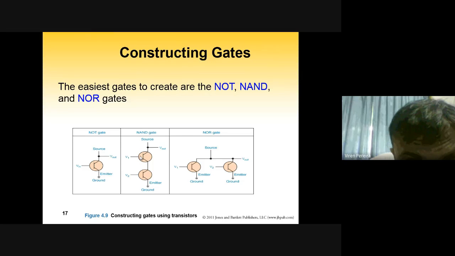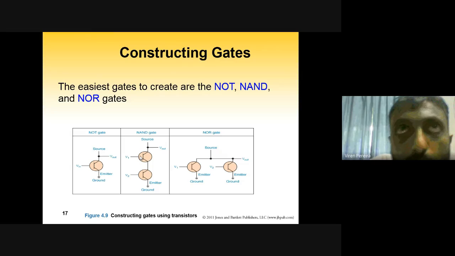Now if V1 is 0, this first transistor which is there on top, is it open or short? If 0 volt is there, will the source and collector short? No. It will be basically an open circuit.